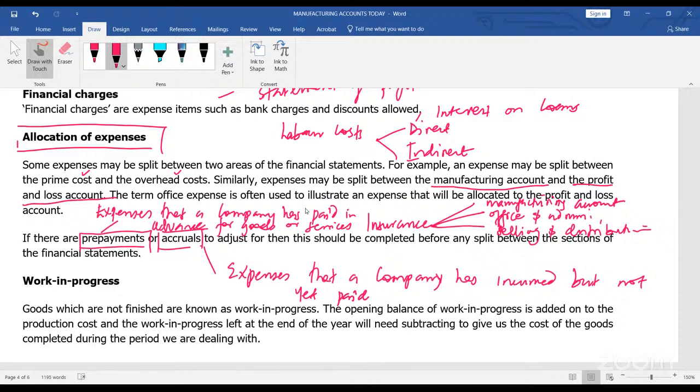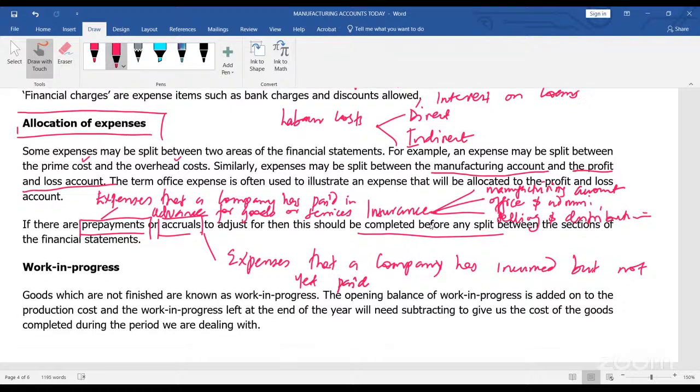So if there are prepayments or accruals to adjust, then this should be completed before the next split. So before you split, first make the adjustment on the expenses. So that's about allocation of expenses and then the prepayments or accruals.